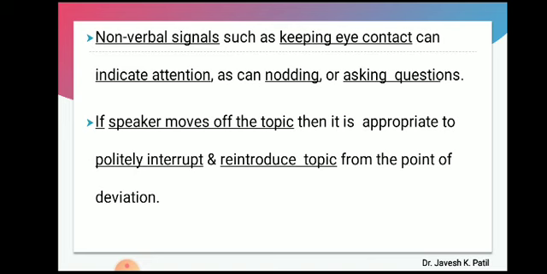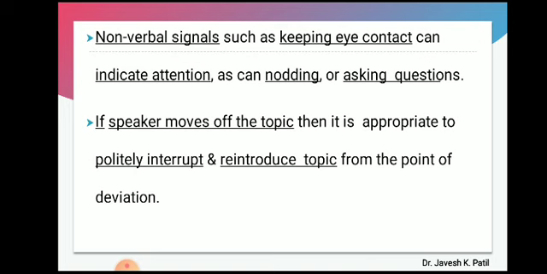If the speaker moves off the topic, this is also possible several times. The speaker, the sender, may deviate from the topic, sometimes due to certain words or sentences in their speech. So what should the receiver do, or what is the quality of a good listener?